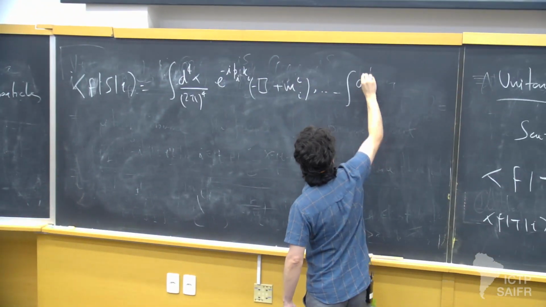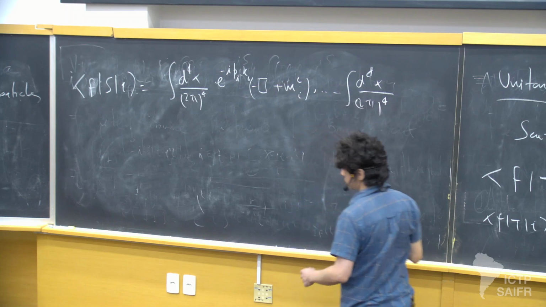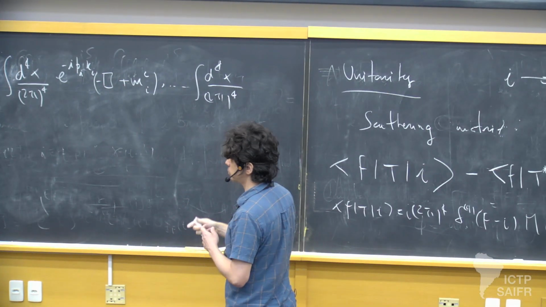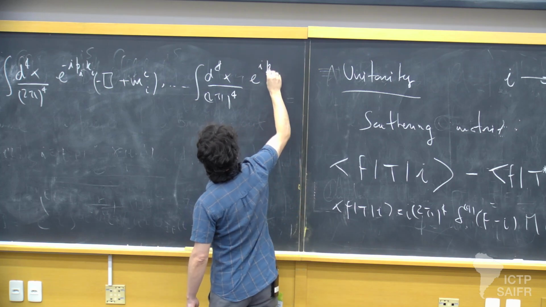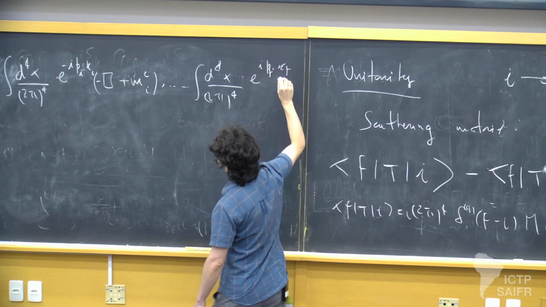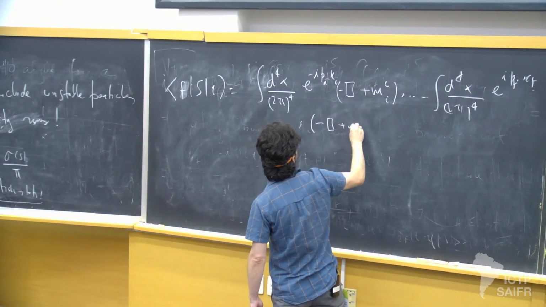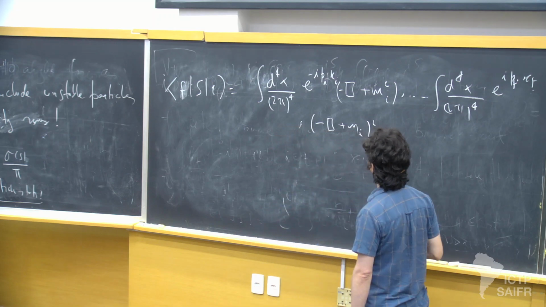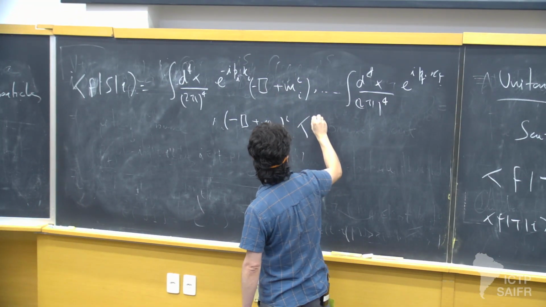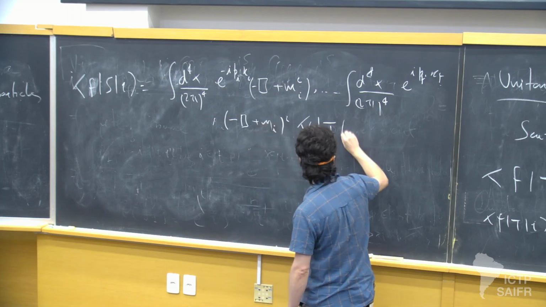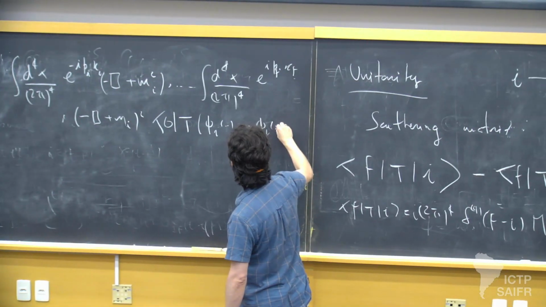I'm just changing a sign here to represent a particle that's coming in the initial state, or a particle that is in the final state. Times the time-ordered product of a bunch of fields.